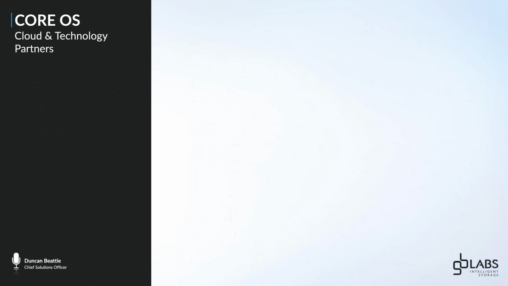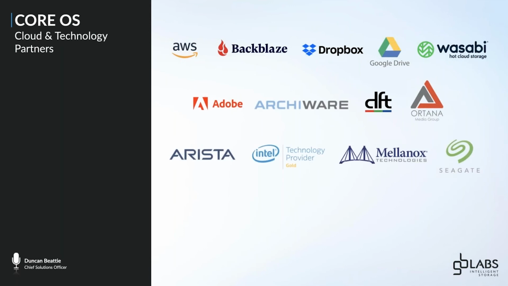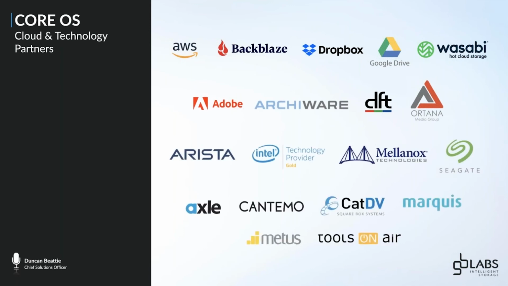So just before we touch on the last bits, I wanted to cover off a little bit about some of our partners. With cloud technology, we've got AWS, Backblaze, Dropbox, Google Drive, and Wasabi, which we saw in the previous slide. The technology partners, we've got Adobe, ArchiWare, so we're running P5 inside the server, and again, that's boosted by the updated kernel, meaning it's incredibly efficient for the ArchiWare.